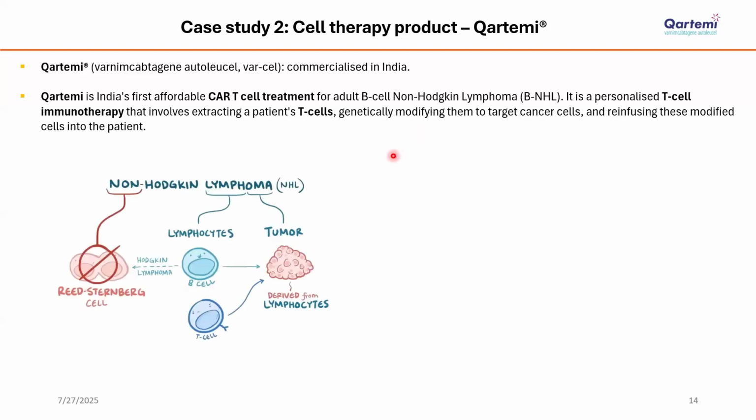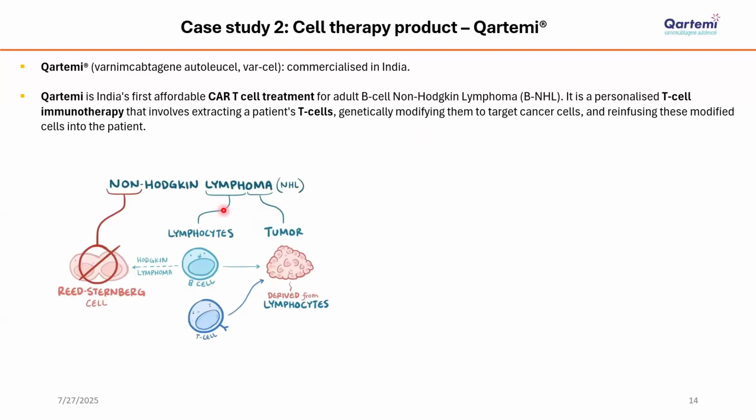So what is non-Hodgkin? Lymphoma is of two types, non-Hodgkin and Hodgkin. Lymphoma itself means tumor of the lymphocytes, where you see the bulging of the lymph nodes.